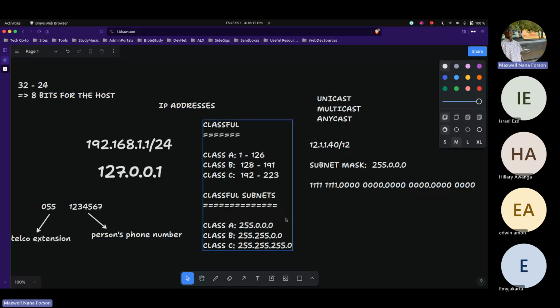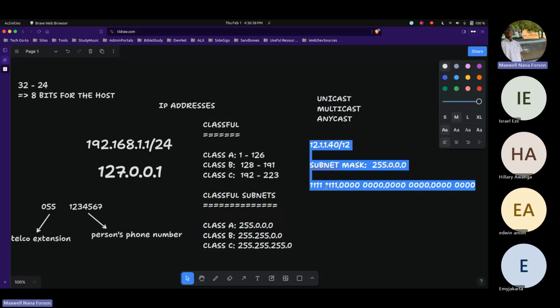So for the classful subnets and IP addresses, these are their default subnet masks, right? They determine how many IP addresses we can have on a network. But there's also a different way of representing this same thing, the 255.0.0.0.